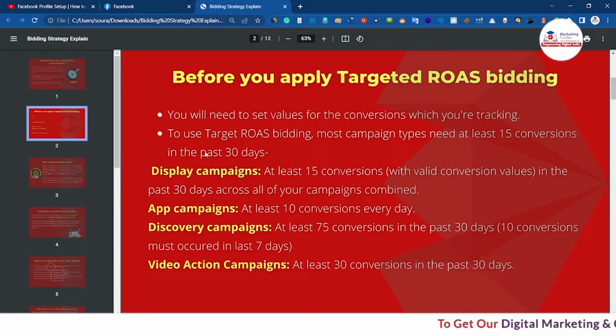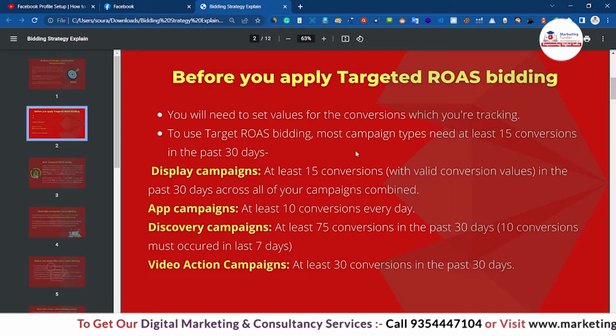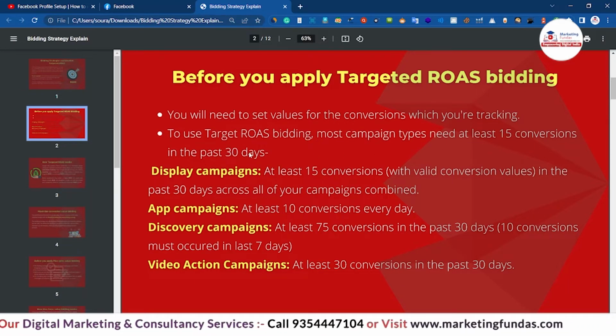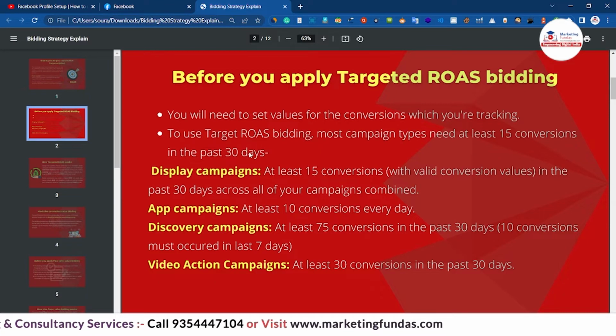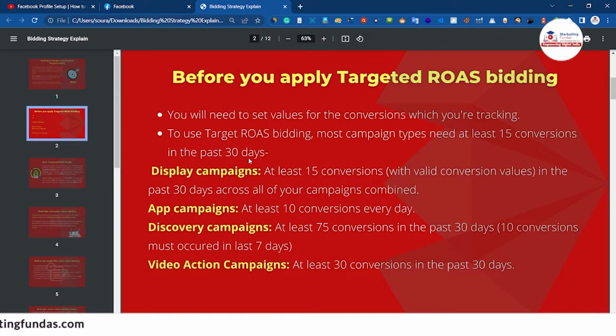Now, the second point says to use target ROAS bidding, most campaign types need at least 15 conversions, and that too in the past 30 days. So most of your campaigns should have at least 15 conversions in the last 30 days to apply ROAS bidding.